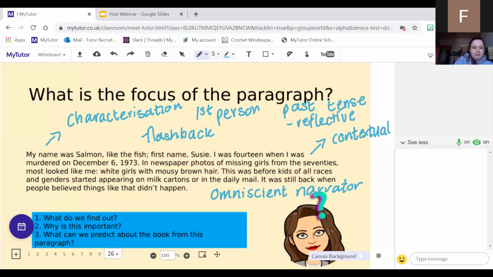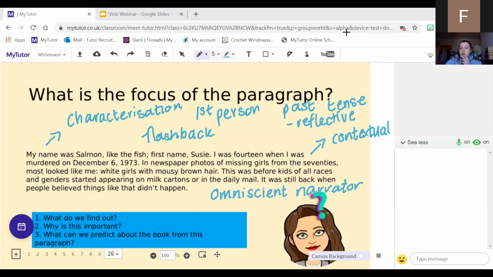So what can we predict about the book from this paragraph then? So the third question I've got there. What are we going to expect to happen? Yeah, it's definitely reflecting a change, absolutely.